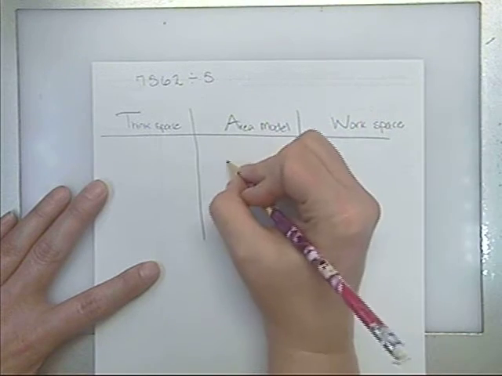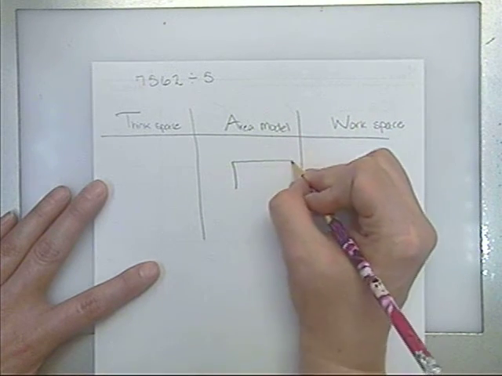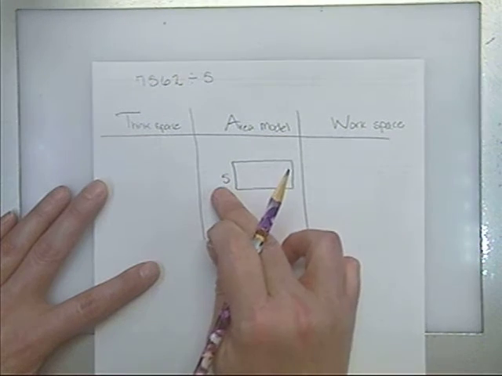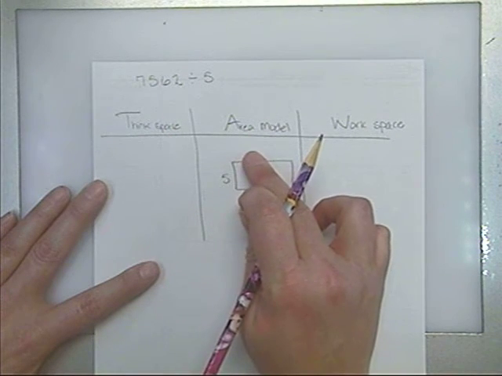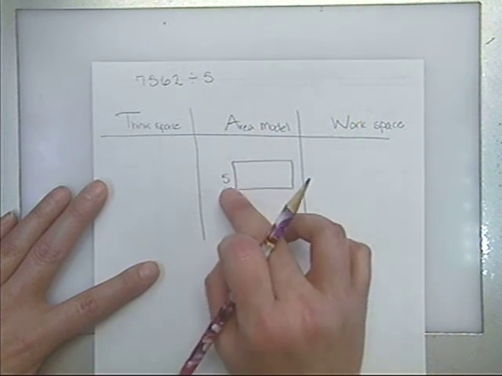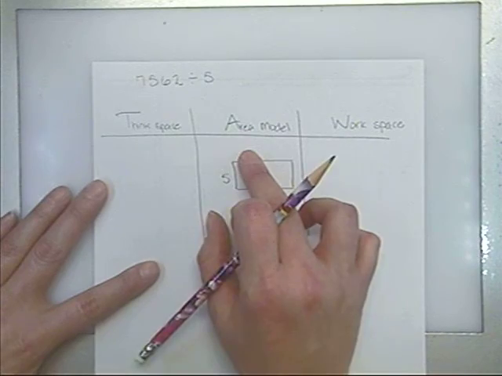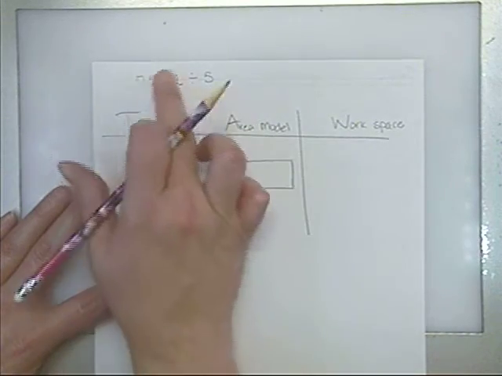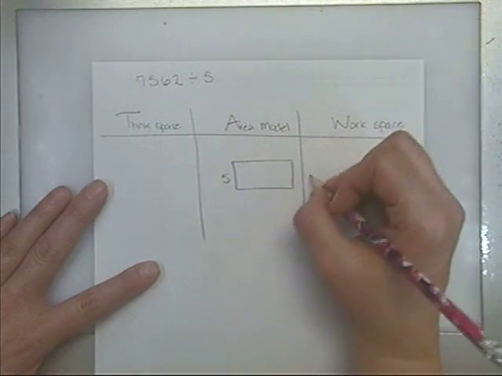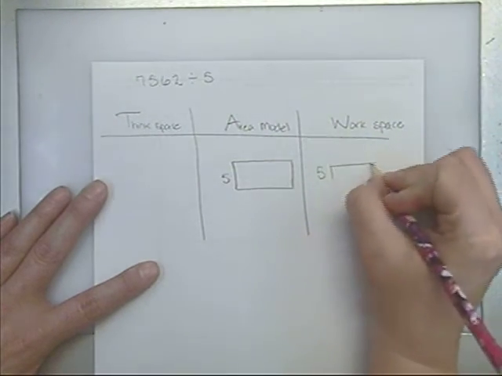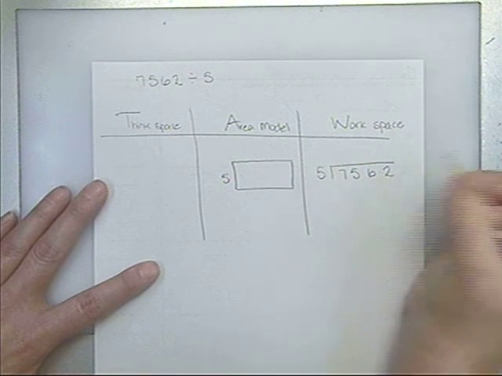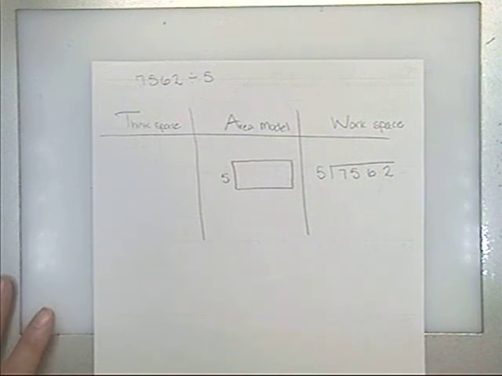An area model refers to area and perimeter, where you understand that the side multiplied by the top tells you the area inside the box. So we will be finding the number that we're going to multiply by to take up the area that 7,562 would take up. And over here we put it in the traditional house model or standard algorithm that a lot of people were taught when they were younger, before Common Core.